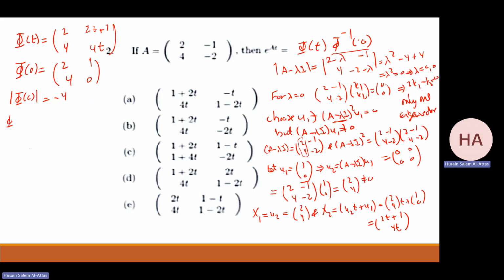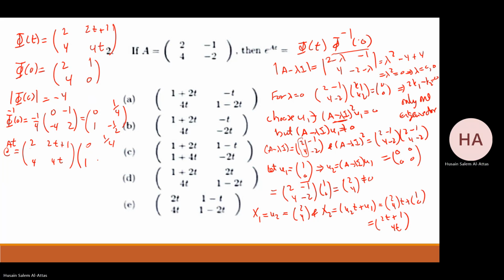So phi inverse at 0 is minus 1 over 4 times 0, minus 1, minus 4, 2. That will be 0, 1 over 4, 1, minus half. Hopefully there are no other mistakes. That will be 2t plus 1, 4t, 4t times this matrix.